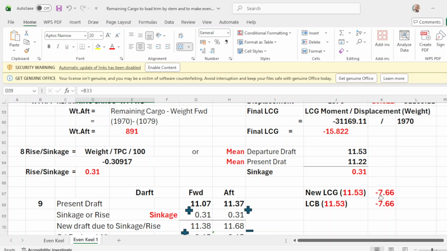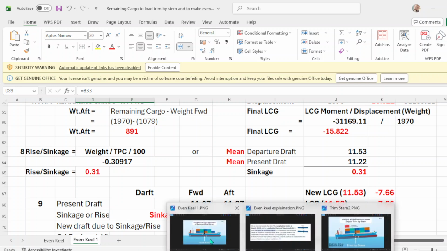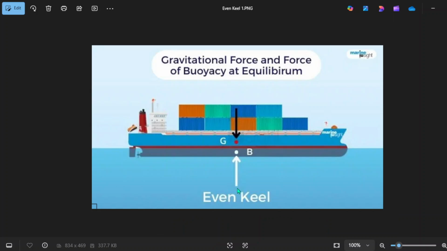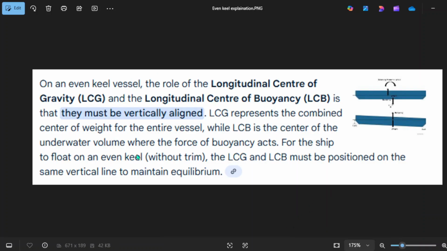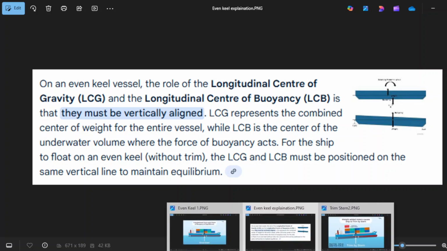If LCB is negative 7.66, the LCG should also be negative 7.66, as illustrated in this program. They should be in a vertical line, and that is explained by this accepted rule.